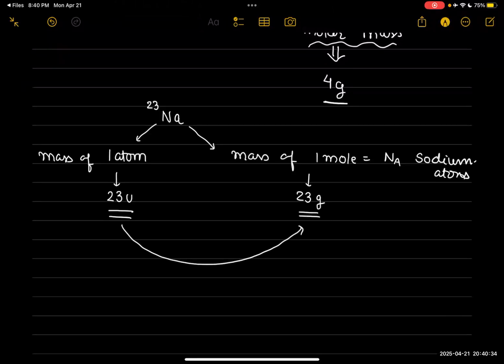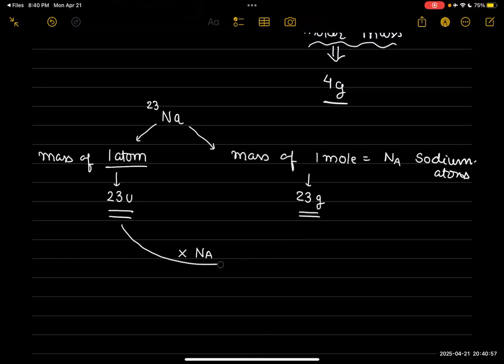From one atom to 1 mole of atoms, you need to multiply it with Na, because that was the mass of a single atom. And this is the mass of how many atoms? A whole bunch, that is 1 mole of atoms.